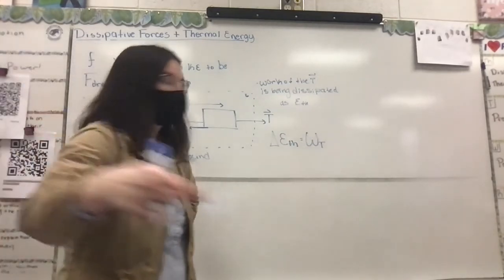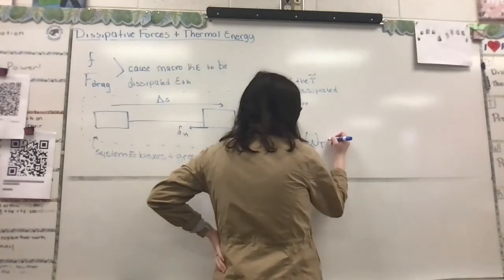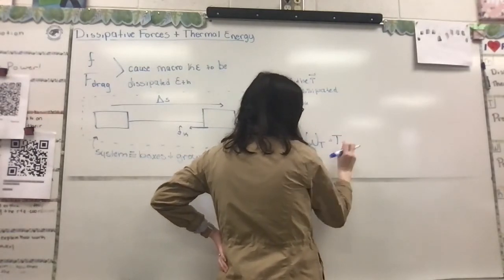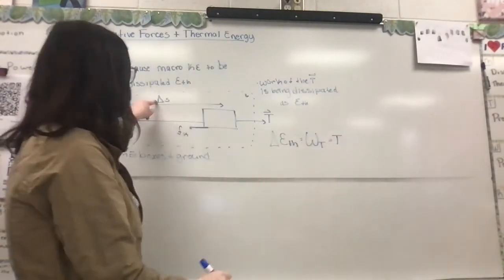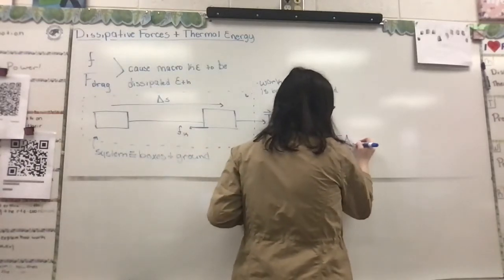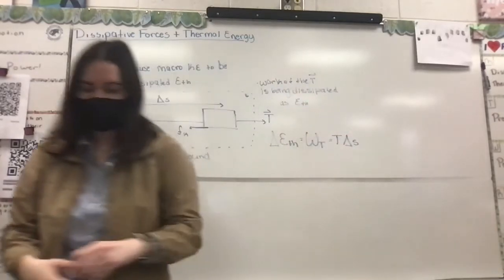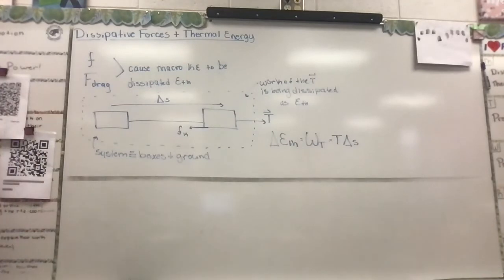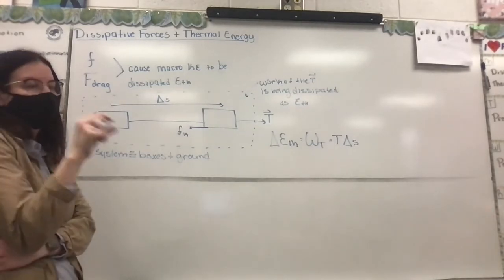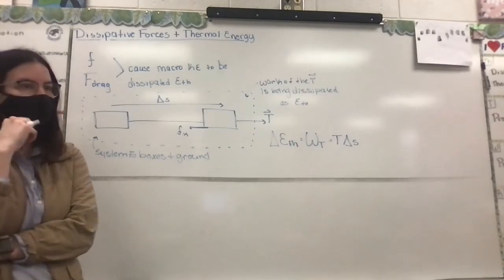Force times distance. That means that this is equal to our force times our distance, T delta S. What was the 1/2 mass times? That's kinetic energy. Work can also be equal to the change in kinetic energy. So it would be 1/2 mvf squared minus 1/2 mv naught squared.